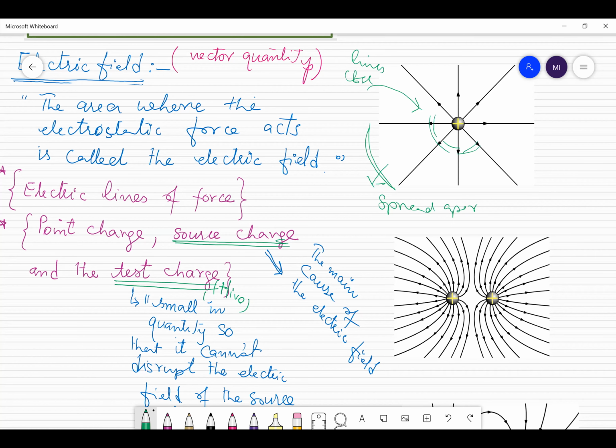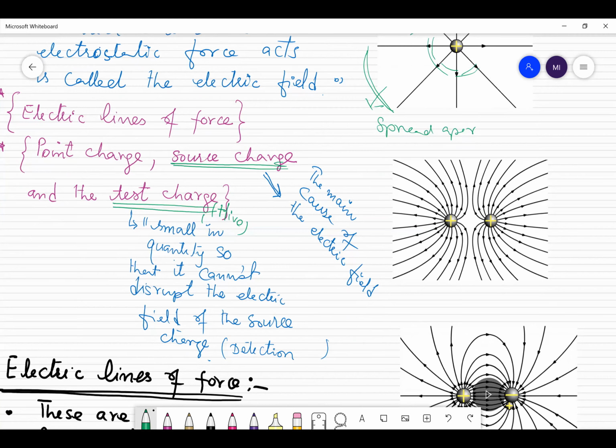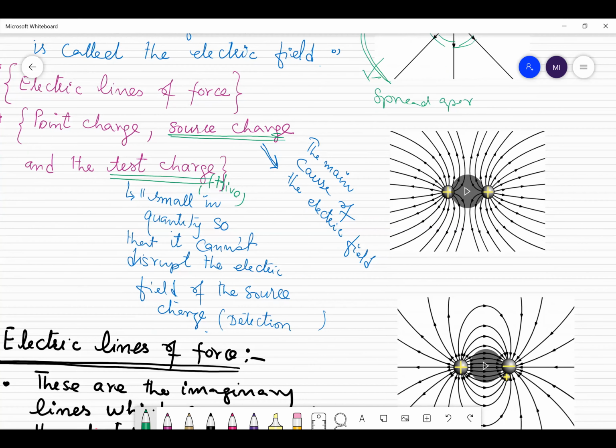For a system of charges, let us see here, you have two charges. Look at what you are seeing here. If you remember my very first lecture, I told you that the electrostatic force of attraction or repulsion arises because the two fields interact together.